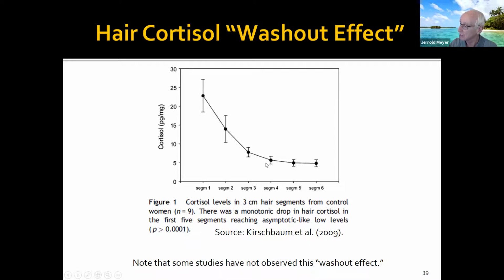And it seems to asymptote out here, way out. But because of this, we would believe that it's not smart to go much beyond this 3 months here, the 3 centimeter segment. So for most of the studies that we're involved with, it's either 3, maybe pushing it to 4 if there's really good reason to do so, or less.